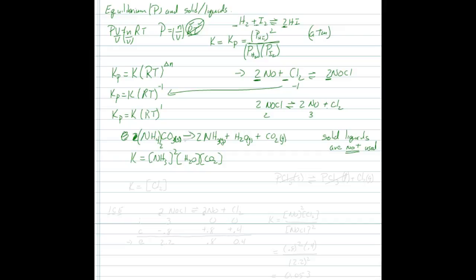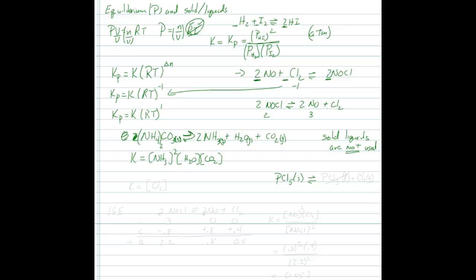So anytime you have a situation where you have a solid or a liquid, it just goes to 1. So assume it to be 1, so you just put it down as 1. Here's an interesting one, PCl5, which is a solid, is in equilibrium. That's an equilibrium, by the way.